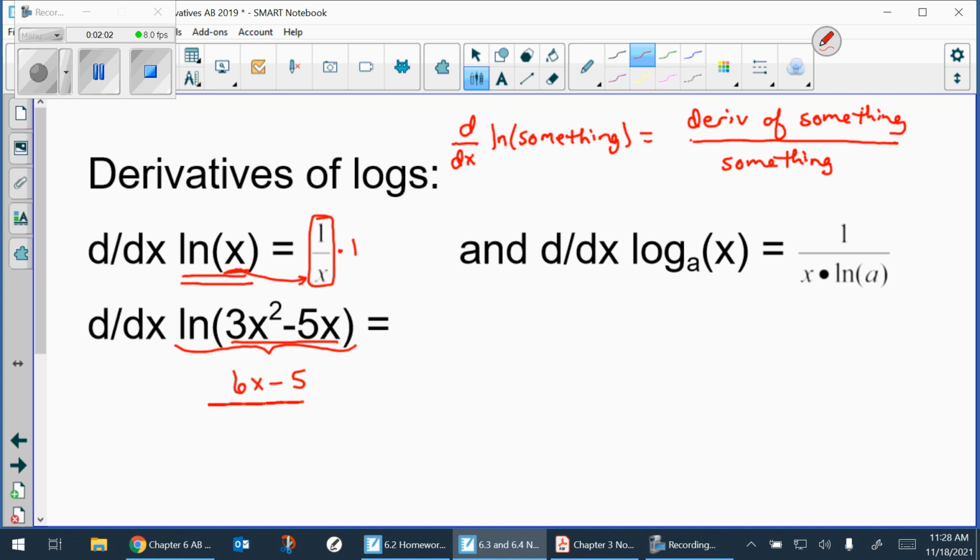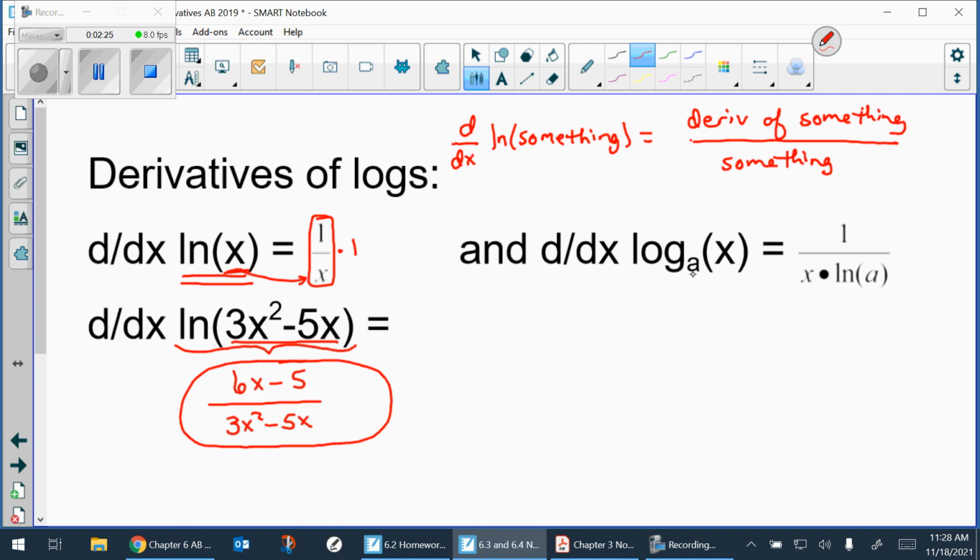That's the derivative of the something divided by the something. And that is how you are going to find the derivative of the natural log of absolutely anything. Derivative of the something divided by the something.